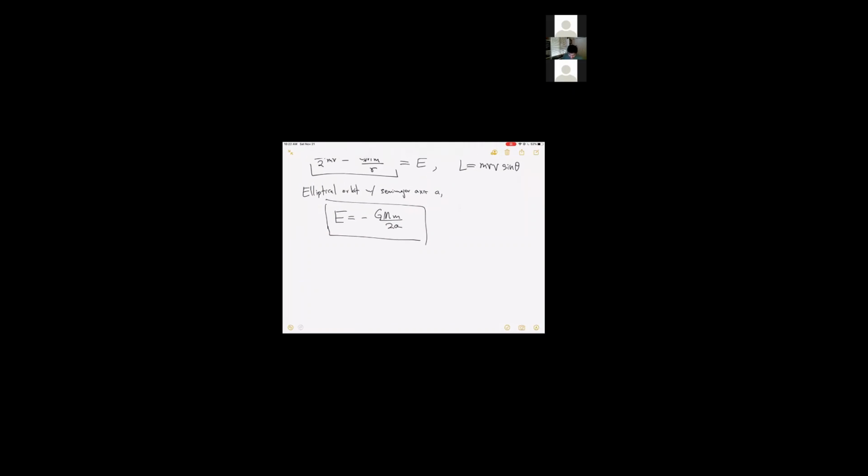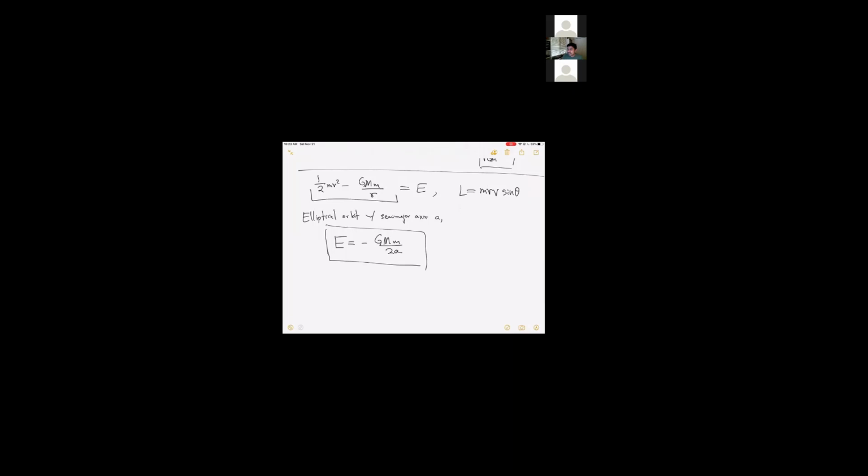All right. This also holds for hyperbolic orbits. And I want to draw your attention to energy in orbits, which is another important topic. Energy less than 0 means that the orbit is bound, which means that it's elliptical or circular. As you see, this energy value is negative, and if a is positive, this is negative, as expected. So elliptical orbits give bound trajectories.